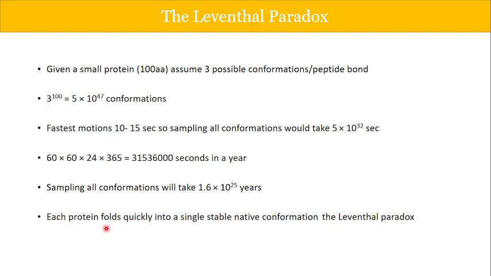Each protein folds quickly into a single stable native conformation, which is the Levinthal paradox. So there are only some stable conformations which these proteins can take, and this actually reduces the number of conformations, and therefore it also reduces the time factor as well. So this is the concept of the Levinthal paradox.